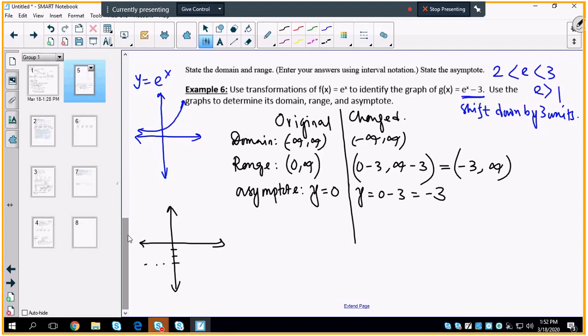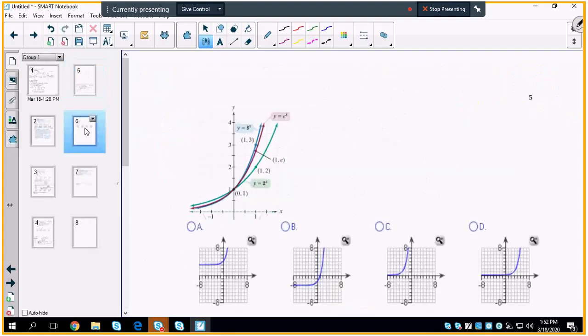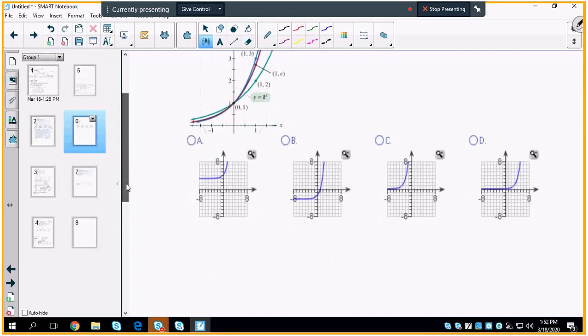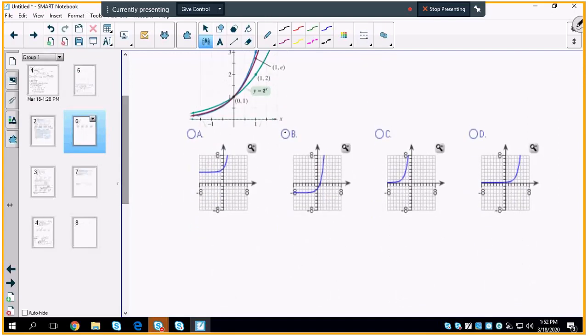Whatever we were expecting at 0 will now happen at y equal to negative 3. So that will be the basic graph for the function y equal to e to the power x minus 3. And I will pick the right graph. And as you can imagine, the right graph is going to be B.